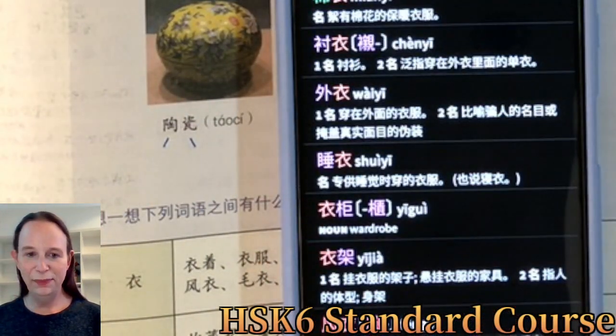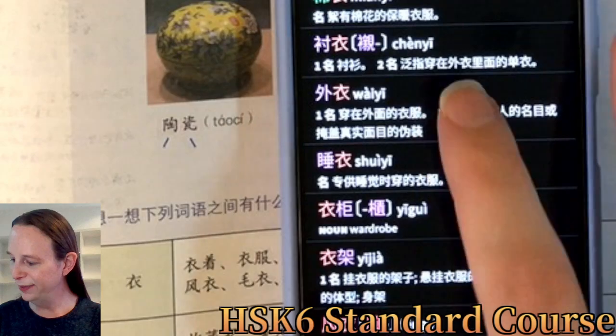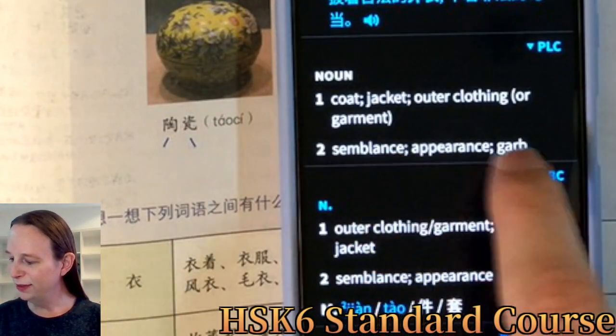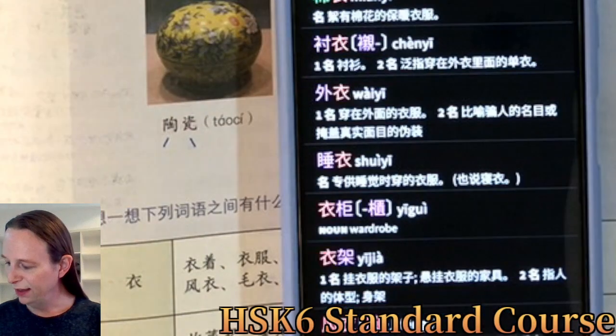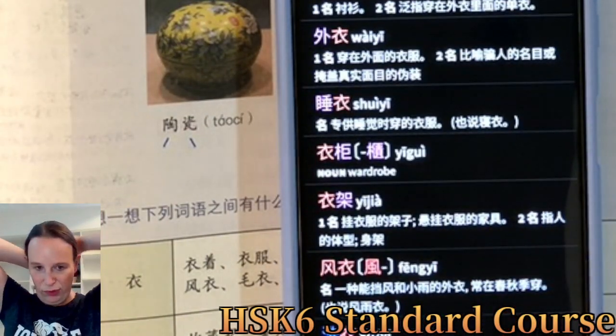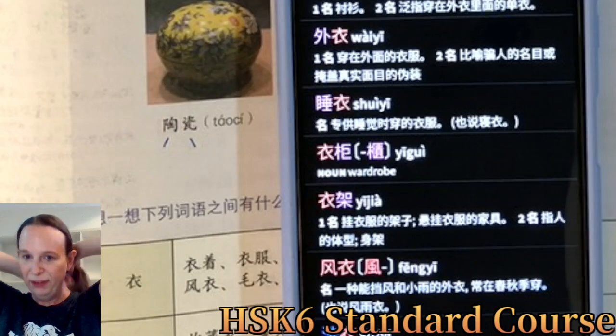外衣. This would be external clothes, presumably to protect you from the weather or something like this. Coat, jacket. 外衣. Oh, there's also this one. A kind of more figurative usage.